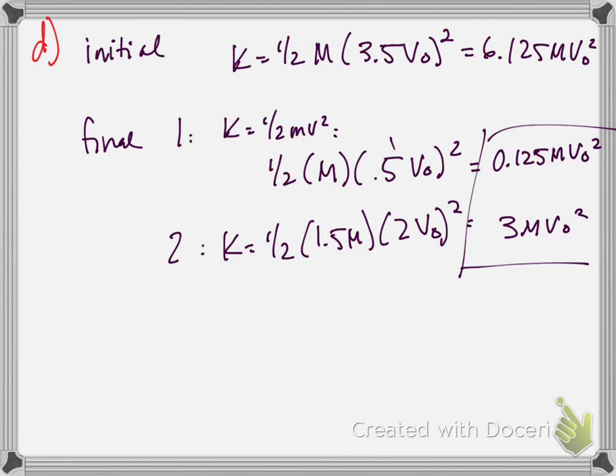It says 1 point for indicating the collision is inelastic, so that's the right answer. 1 point for indicating that the reason it's inelastic is because the change in kinetic energy is not 0, or because kinetic energy is lost. And then another point for showing that it's not 0. Oh, I guess, okay, so the points kind of go in reverse order. 1 point for doing the math, right? Then 1 point for saying, okay, well, these results mean kinetic energy was lost. And then 1 point for saying, because kinetic energy was lost, it's an inelastic collision. So 3 points for part D. And that's it.